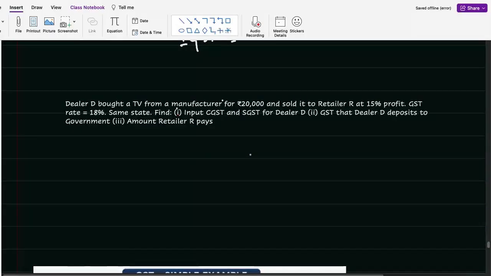So first of all, the manufacturer sold for rupees 20,000. So how much is the selling price? Selling price is 20,000 plus 15% profit. 15% of 20,000, how much is that?